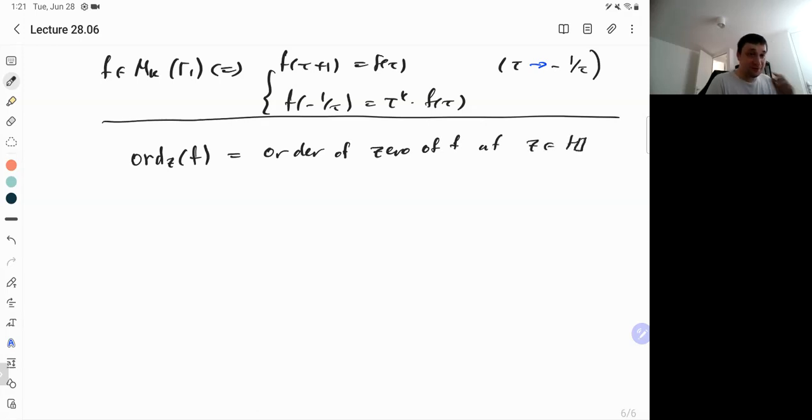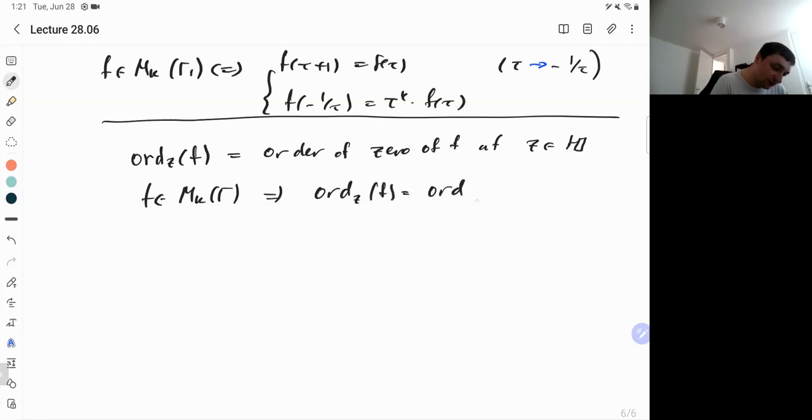The modular forms themselves are not gamma invariant, but the order of vanishing is still well defined, because this fudge factor (cz+d) to the power k is not vanishing anywhere on the upper half plane. So whatever point you look at, the order of vanishing will not change. So ord_z of f is invariant: if you map z to any other point by an element of PSL_2(Z), it doesn't change.